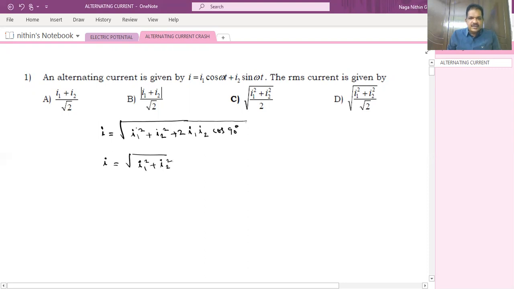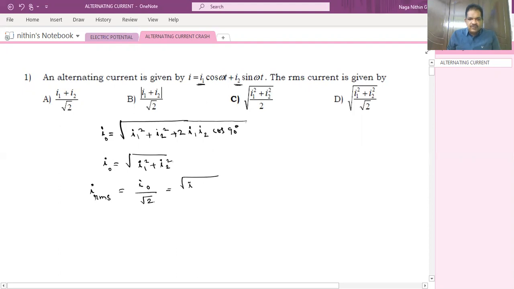This is the maximum current. Here I1 is there, and I2 is also maximum current. So this will be the maximum current. They are asking the RMS value of the current. So this will be I naught by root 2. This is the maximum current. So then what will happen?